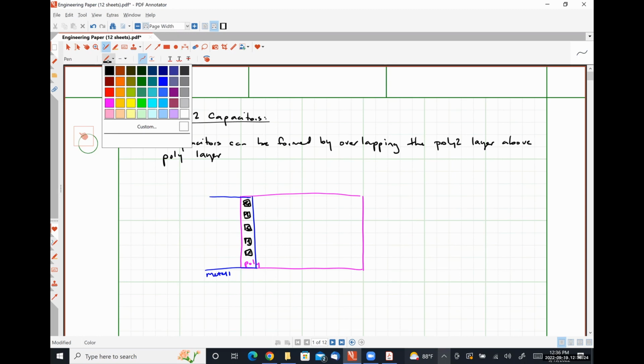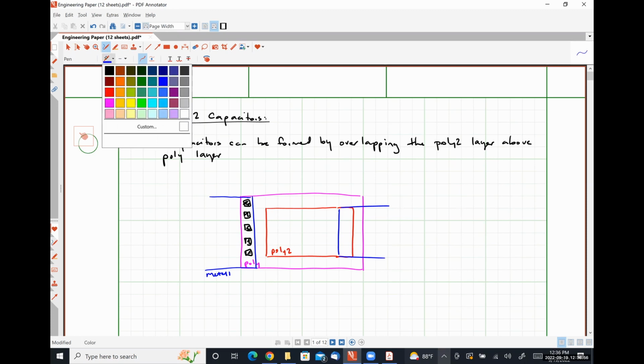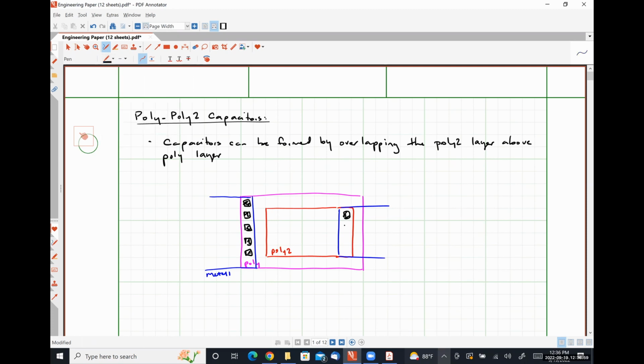And then poly 2, which I think I did in red, would have to be something like this. Actually, it doesn't really matter, but I'm going to extend this one further. And then we'll have another metal 1 thing over here, so that we have access to apply signals to our 2 different capacitor plates.